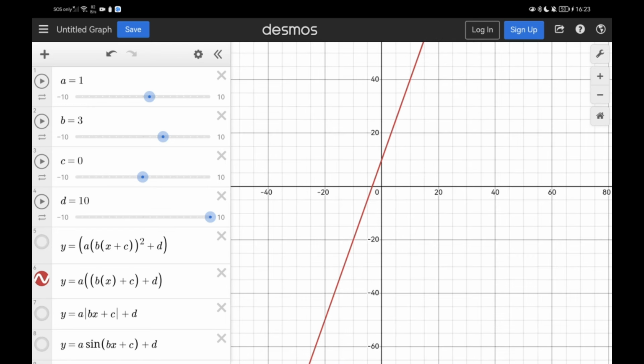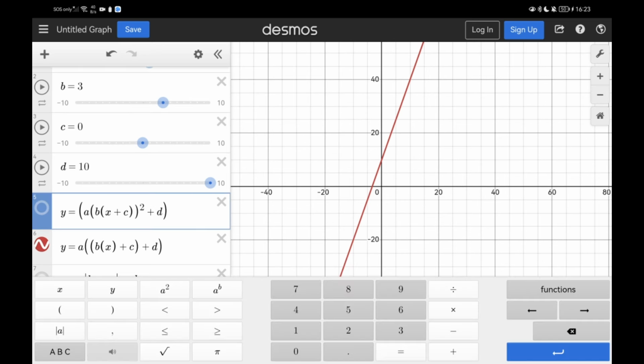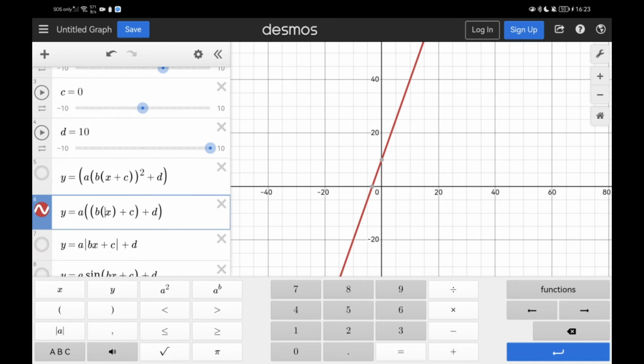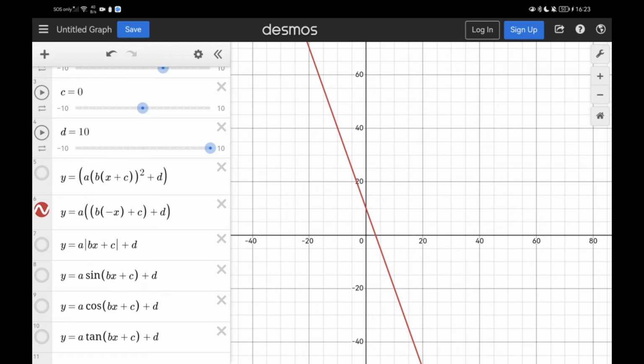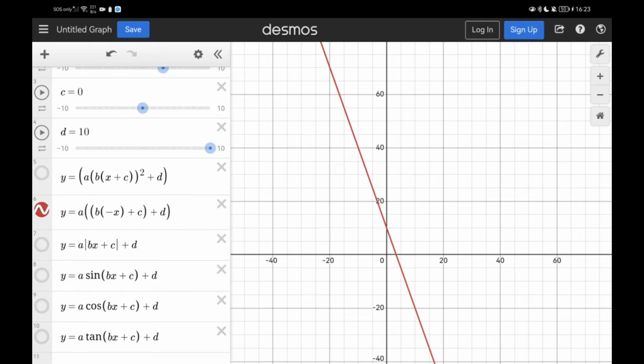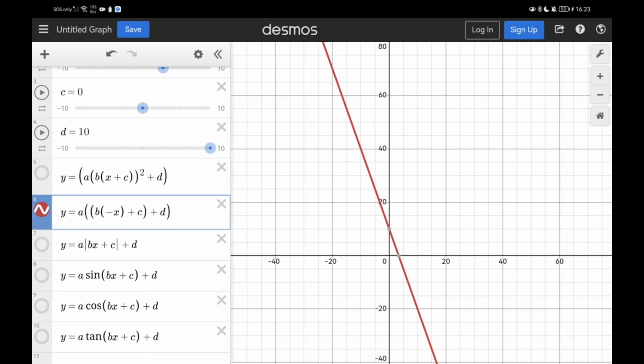Okay, if I want to reflect in the y-axis, I need to put negative inside the x. So what will happen to the graph? Your graph will undergo reflection in the y-axis. Okay, so this part moves to the opposite quadrant, and this part will move to the opposite quadrant as well. Okay, so this is how the reflection in the y-axis works for negating the x. Okay, so this is actually the end of the discussion for the linear function.